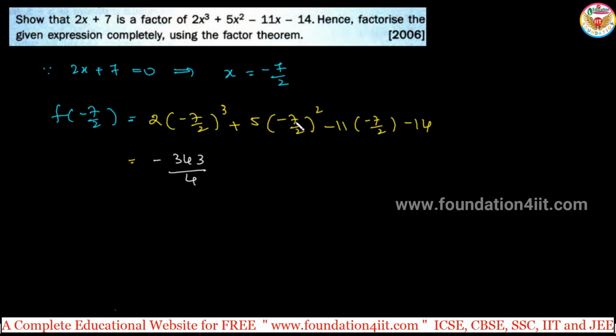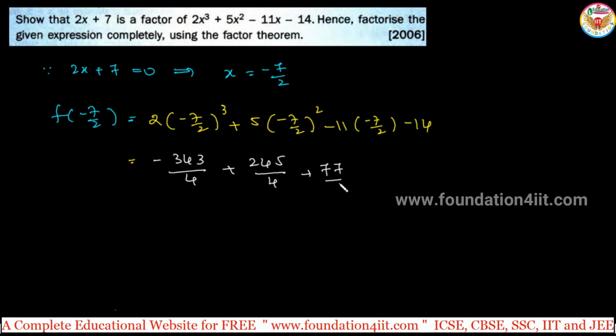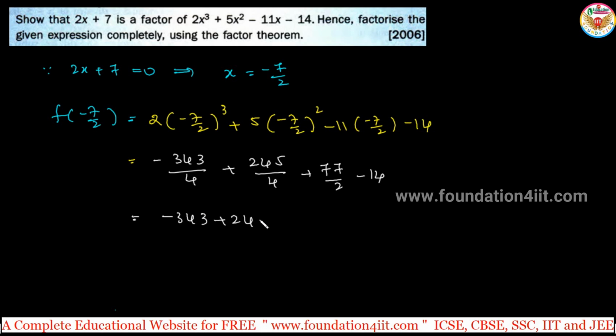Minus 7 by 2 whole square is 49 by 4, and 49 into 5 is 245, so 245 by 4, plus 77 by 2, minus 14. Take 4 as LCM, then minus 343 plus 245 plus 77 into 2.